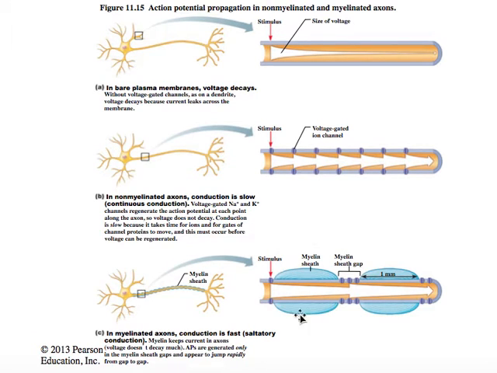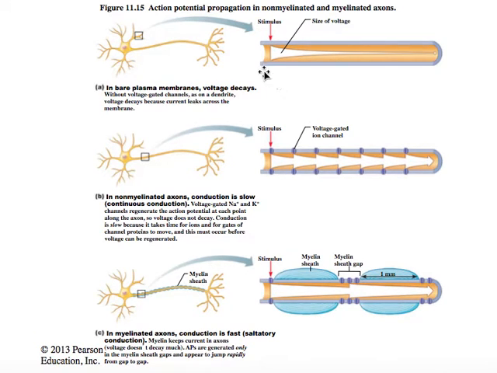Rather, you have the myelin sheath, and then it basically jumps over the myelin sheath into what we call a node of Ranvier, or a myelin sheath gap, where you'll have several voltage-gated channels present so that you can continue to propagate that action potential. And then you can have another sheath of myelin, and then another node of Ranvier, where you have more voltage-gated channels present. And this allows for a much more efficient system where you can basically jump from one to the next, and it's a much faster situation.